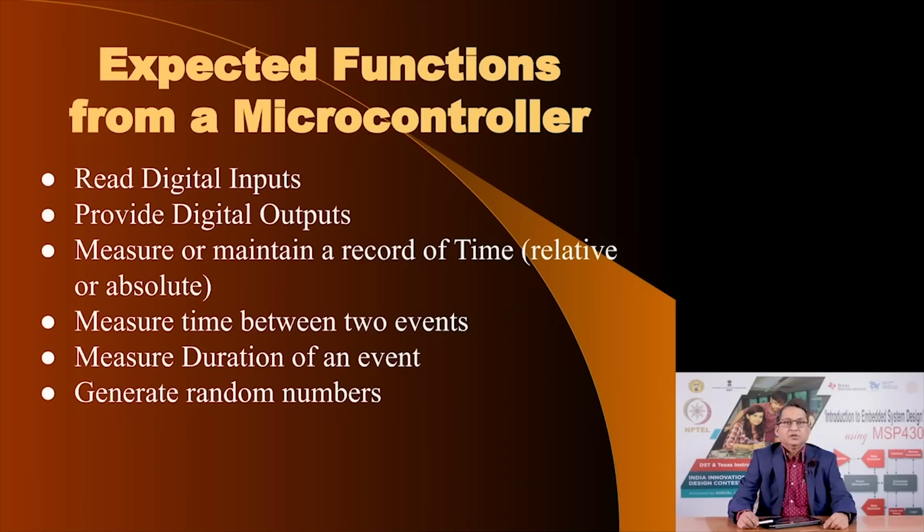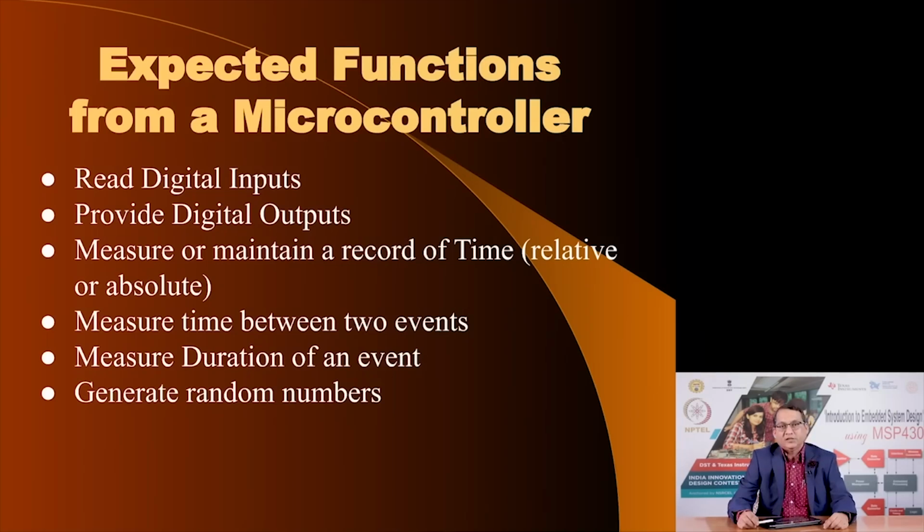These values, even if they are discrete, must conform to certain voltage levels, what we call low voltage and high voltage, often represented as 0 and 1. So, a microcontroller should be able to read digital inputs.